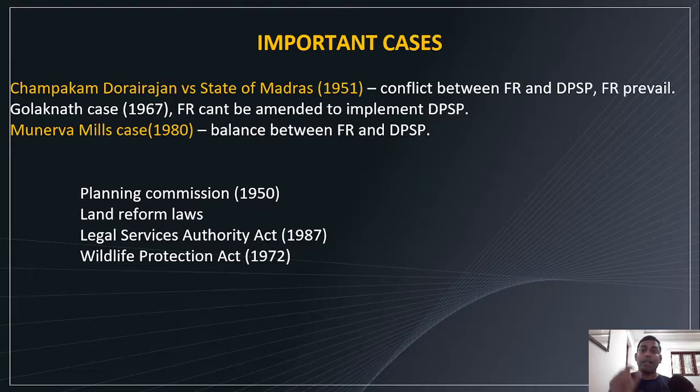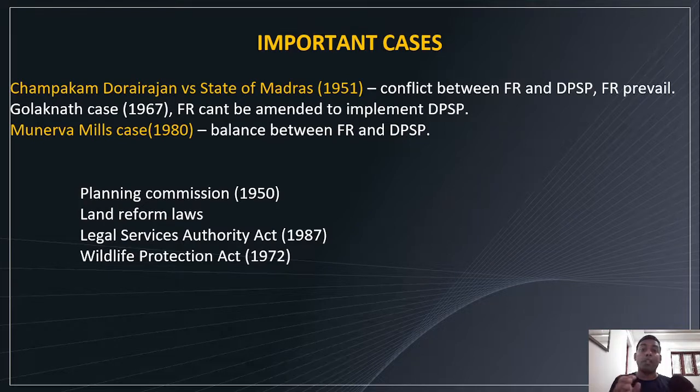Fundamental rights restrict the state from imposing something on the people of India or the citizens of our country. Like Article 15. Article 15 says there must not be any discrimination on the basis of religion, race, caste, sex, or place of birth. Right? Then Article 21, right to life and personal liberty. So these cannot be violated.